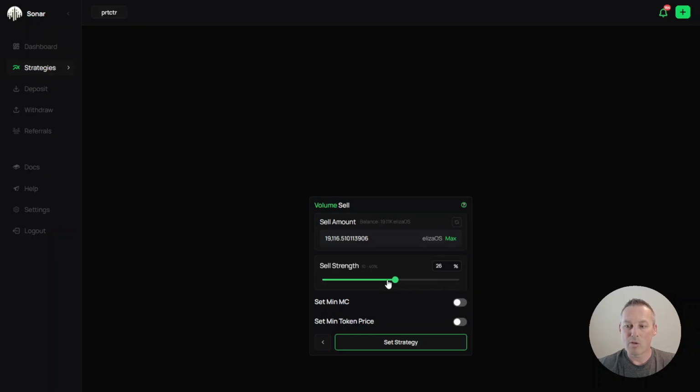So whether I lower this down, I could put this at 15% or 20%, whatever it happens to be if I want to be less aggressive. The higher the percentage, the higher the aggressiveness. The same applies for your other thresholds of market cap and token price. So those don't need to be reviewed again.